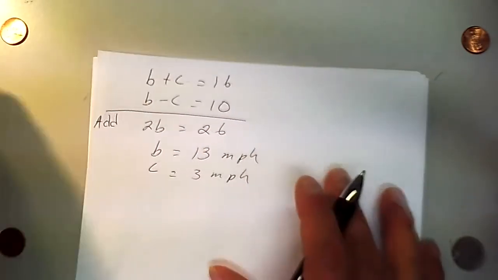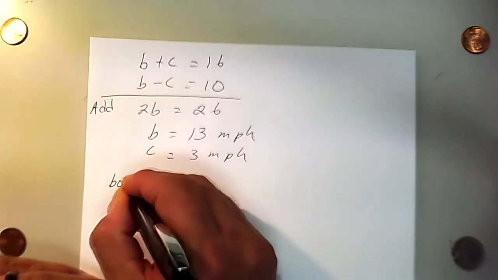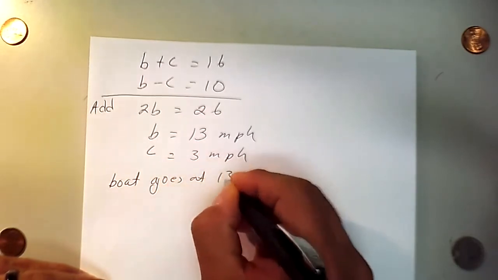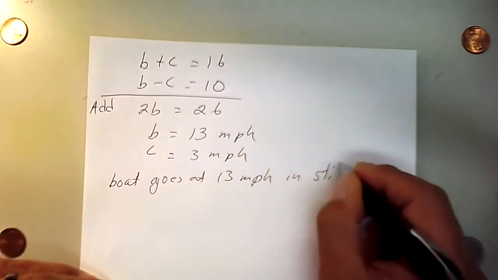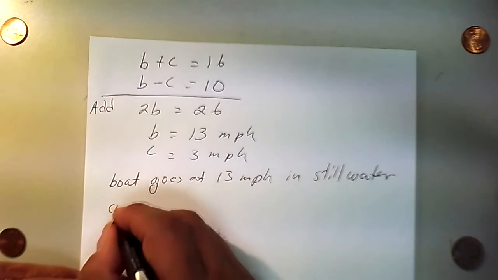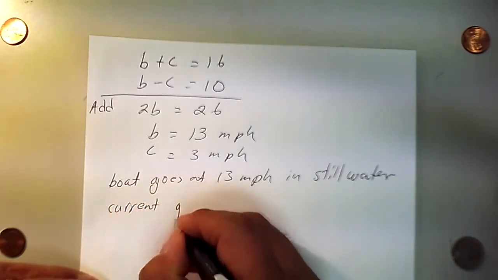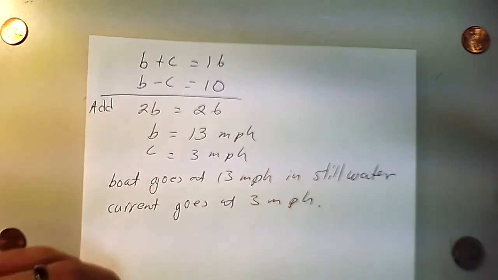So the answer is that the boat goes at 13 miles per hour in still water, so with no current, and the current goes at 3 miles per hour.